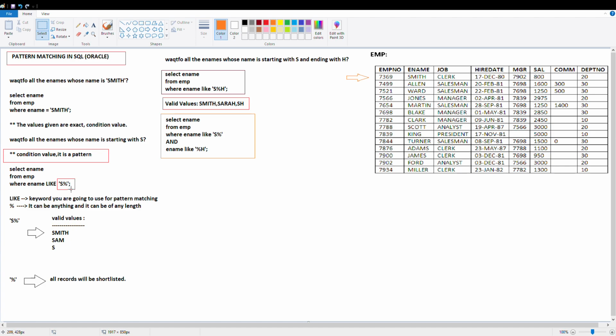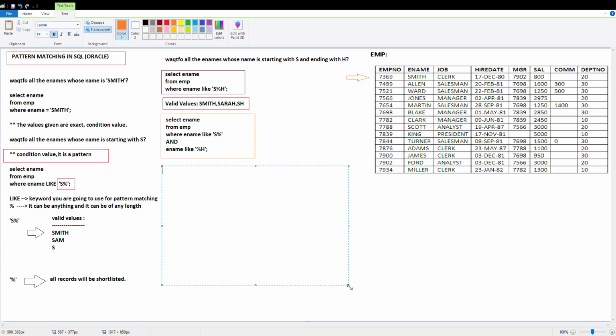I'll do it with an example. Same question, I'm going to say it like this. Write a query to find out all the employee names whose name is having 5 letters.